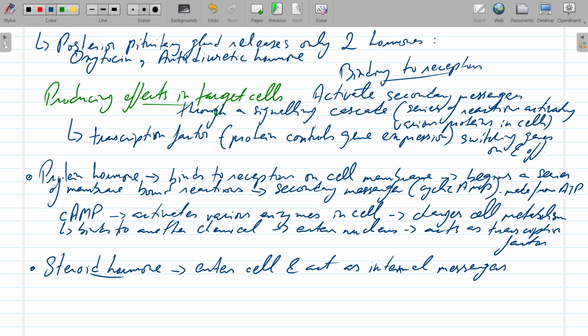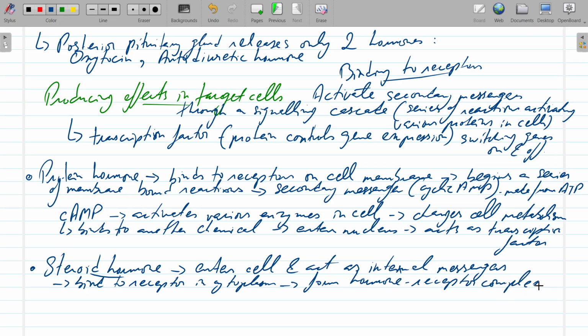And so what they do is bind to a receptor in the cell, in the cytoplasm, and form a hormone receptor complex. And this hormone receptor complex goes into the nucleus and acts as a transcription factor.